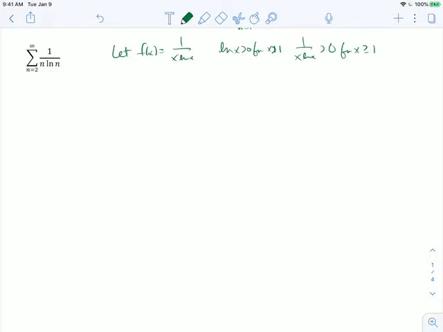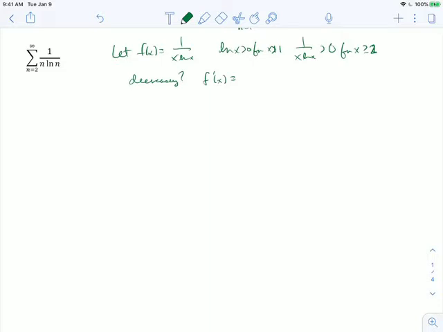And, sorry, 2. We're interested in 2 here. To show it's decreasing, well, let's think about this. I could use the quotient rule if I wanted to.